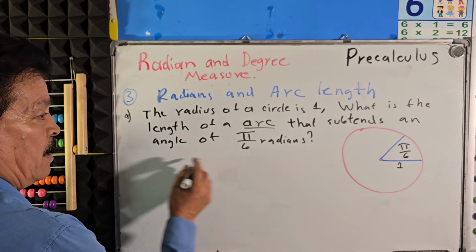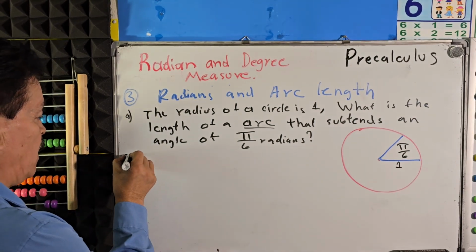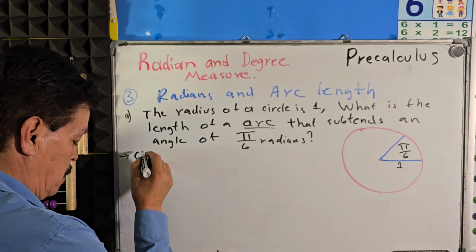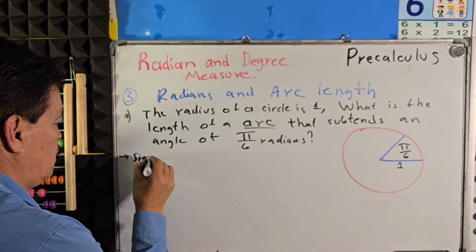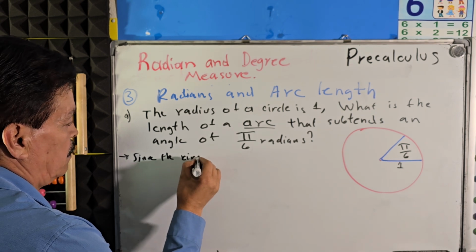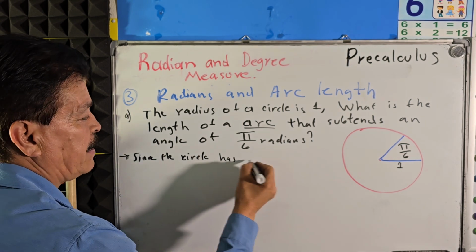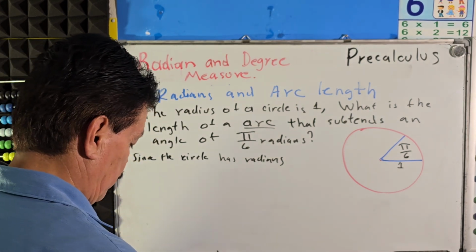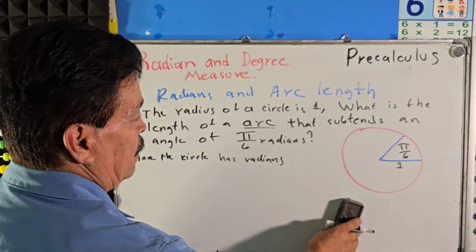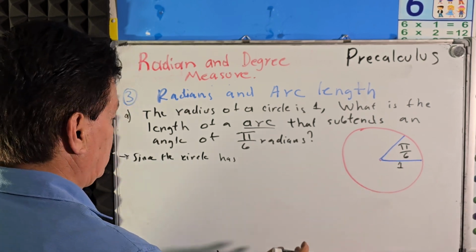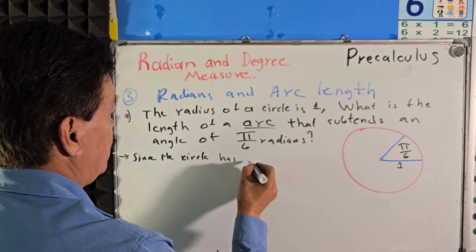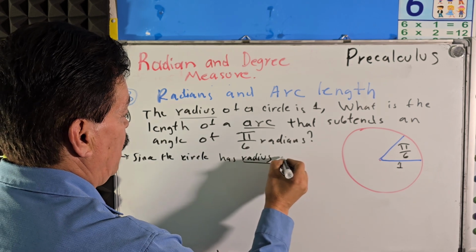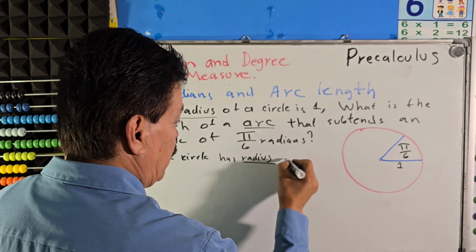Since the circle has a radius, the radius is 1.